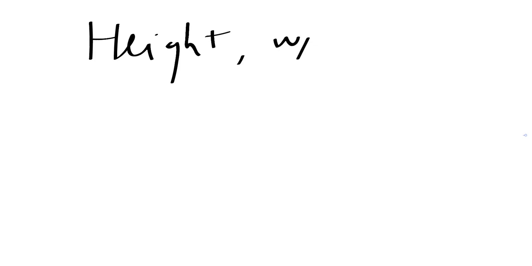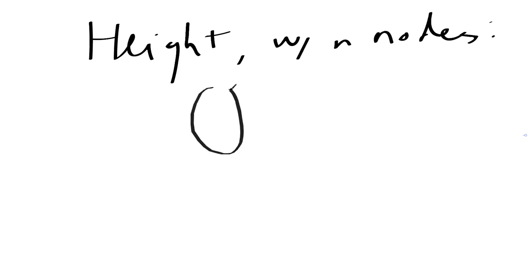Alright, so the height of an AVL tree with n nodes is equal to, well, we can't say for sure what it is because it can slightly vary, but we can bound it.